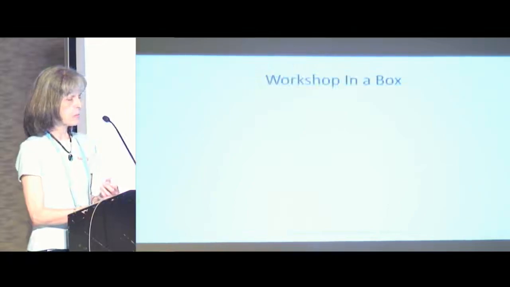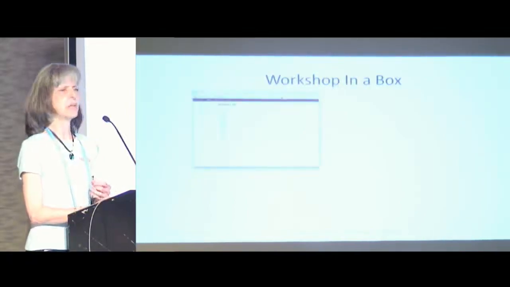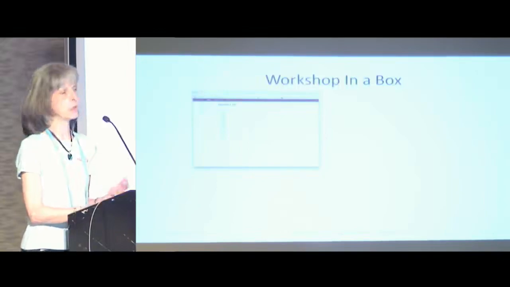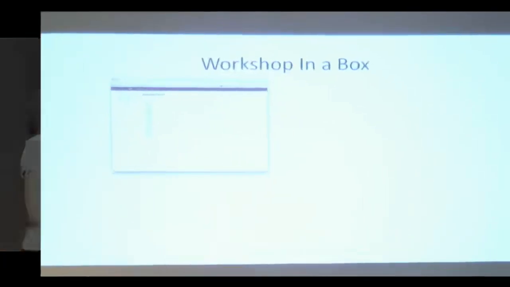So the workshop in a box comes pre-configured with IANA, a virtual IANA, not the real IANA, so that you can allocate yourself any prefixes you want, and it comes configured with a set of student users that can use this interface. And then you can look at the workshop system.